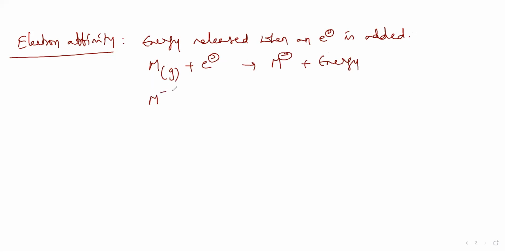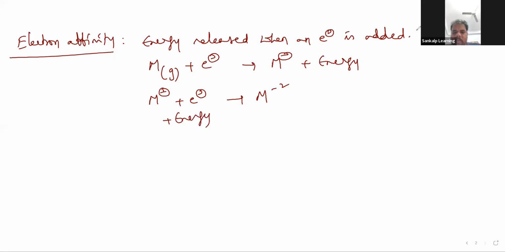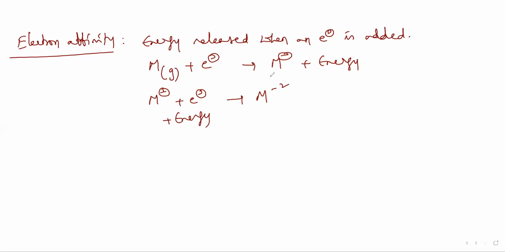But to add an electron to this M minus to get M minus 2, you have to supply energy here. So this is all about electron affinity, right? These are some important periodic properties.